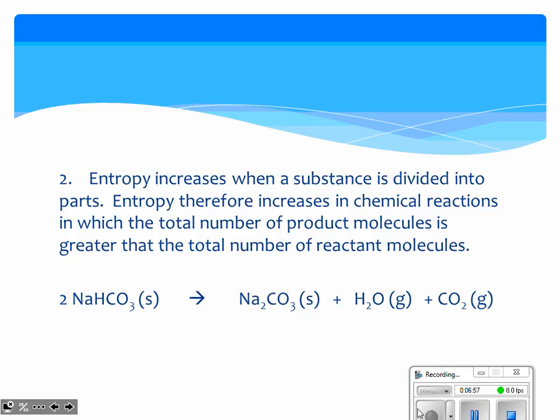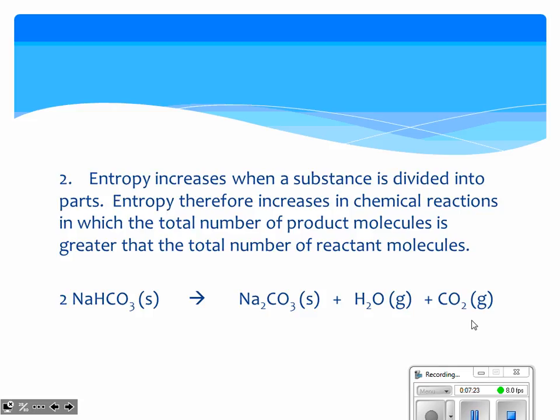So if I look on my reactant side right here, I have one reactant. When I undergo this chemical reaction and break it down, I have three products. What do you think is more disordered?